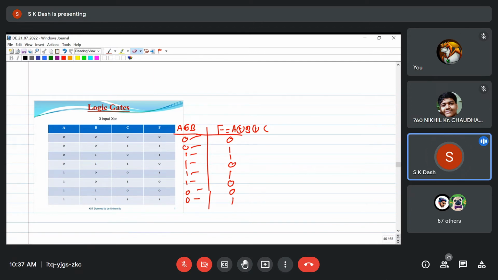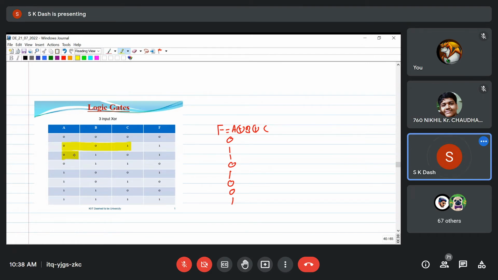Now we need to go for a shortcut. It is not possible that every time we'll write A XOR B, then find out A XOR B XOR C. So we'll go for a shortcut. What is the shortcut? You check the combinations in which the output is equal to 1.